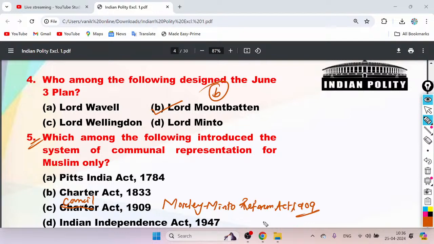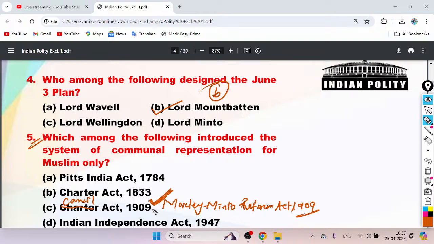Hence, Minto is popularly known as father of Indian communal electorate system for its infamous contribution. So it is the first act which provided separate electorate for Muslims.